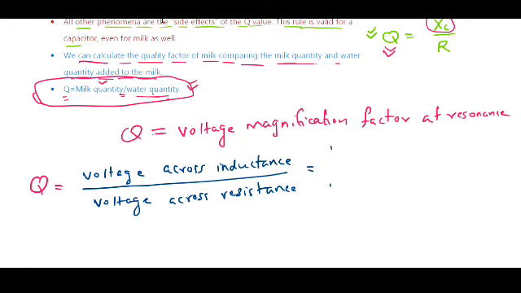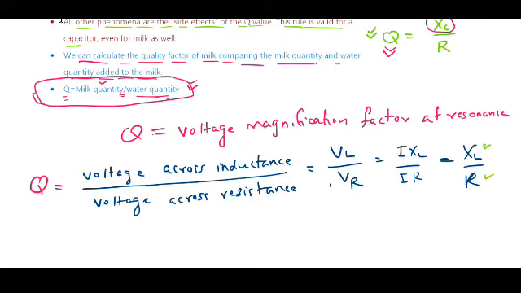That is VL by VR, that is I into XL divided by I into R, which is XL by R. As I mentioned earlier, the quality factor of the inductor is the inductive reactance divided by the total resistance.